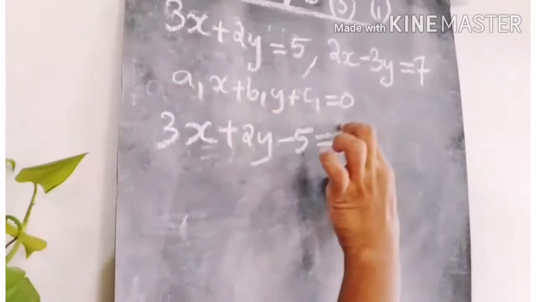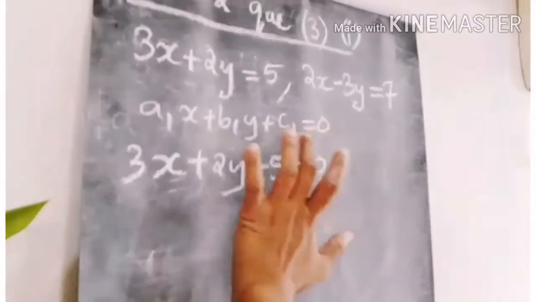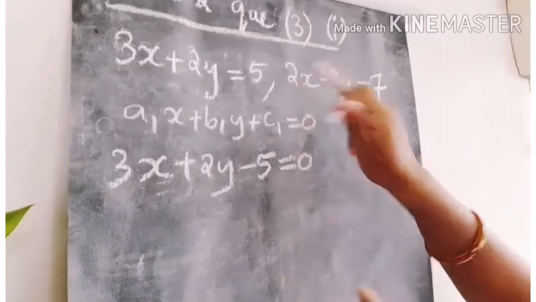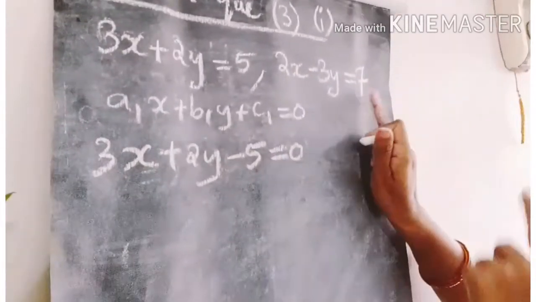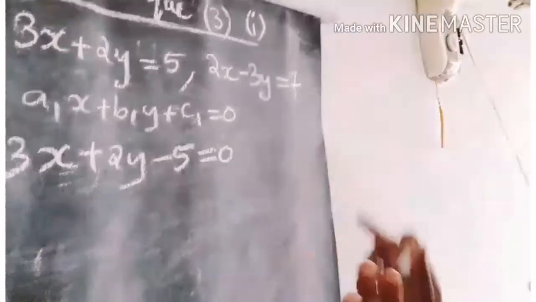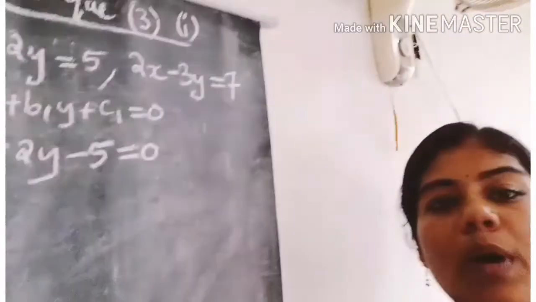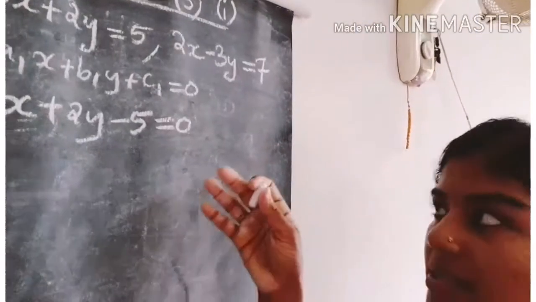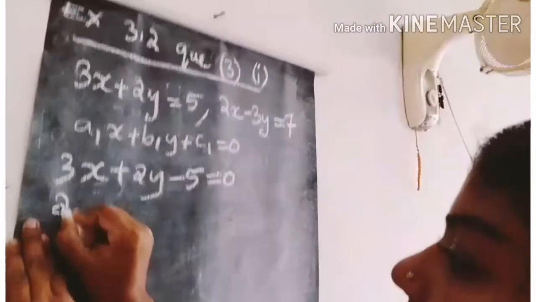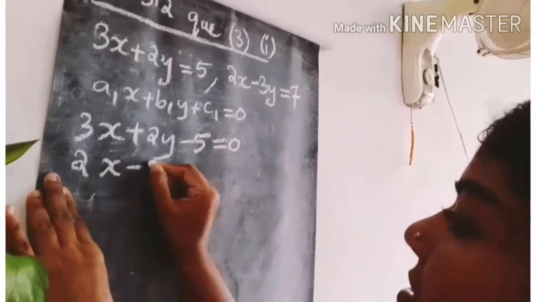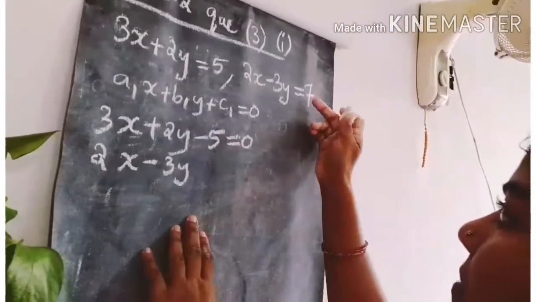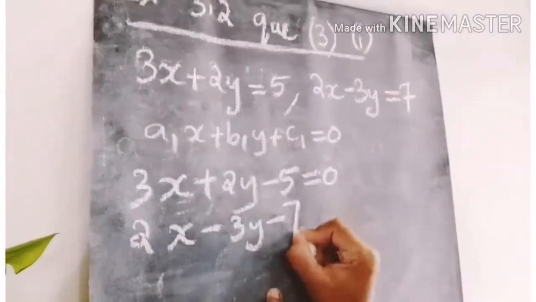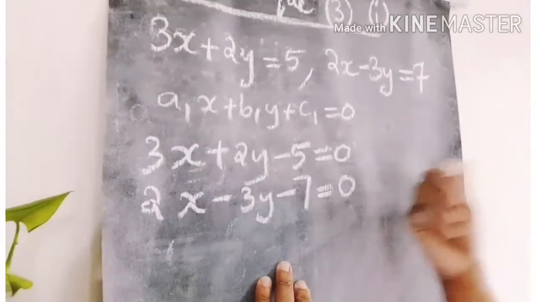We can do the second one also. This is A2, B2, and this is C2. In our standard form we write A2x plus B2y plus C2 equal to 0. A little bit of change is needed: 2x minus 3y, and this plus 7 moves to the left side as minus 7 equal to 0.